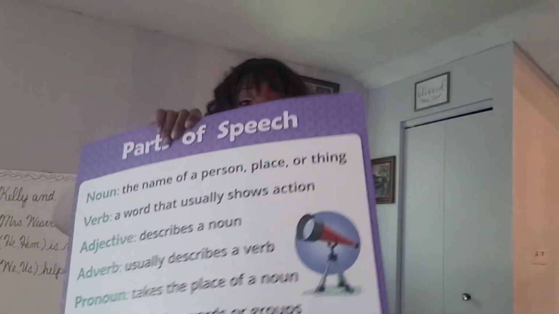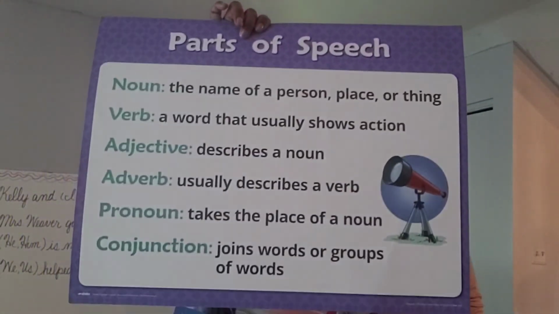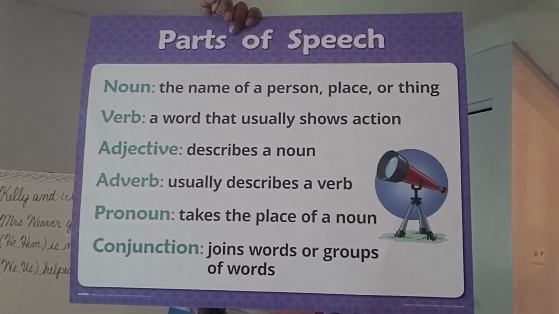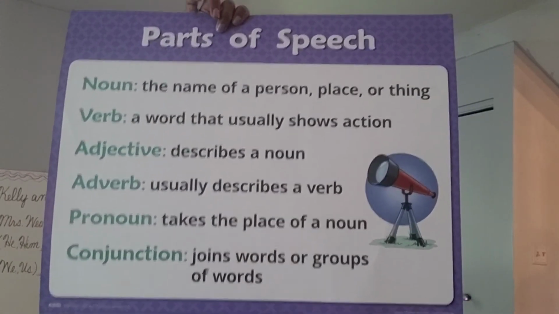But the first thing that we need to do is remember what a pronoun is. A pronoun is a word that takes the place of a noun. Say it. A pronoun is a word that takes the place of a noun. So a word that takes the place of a noun is a pronoun.